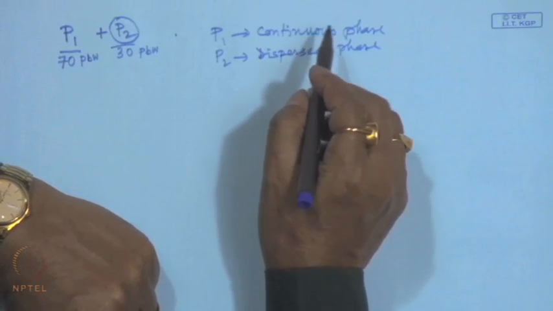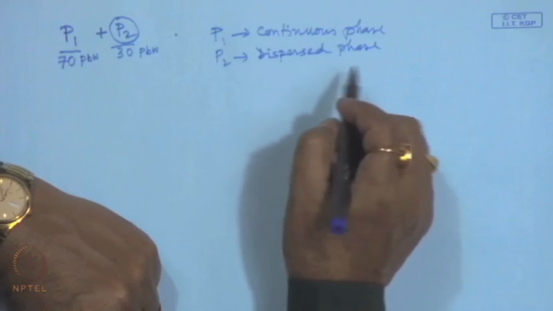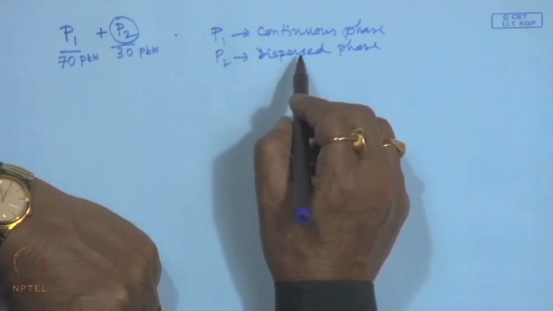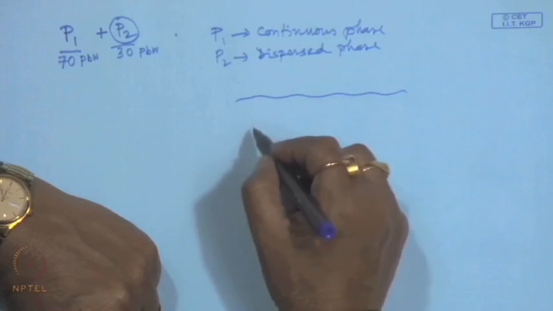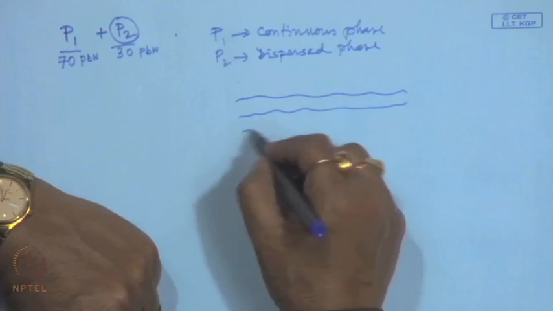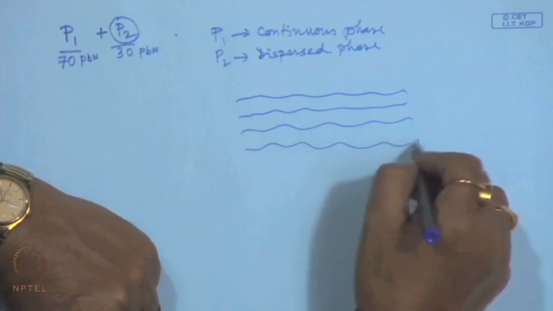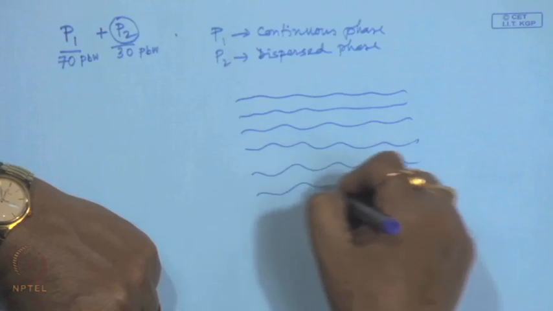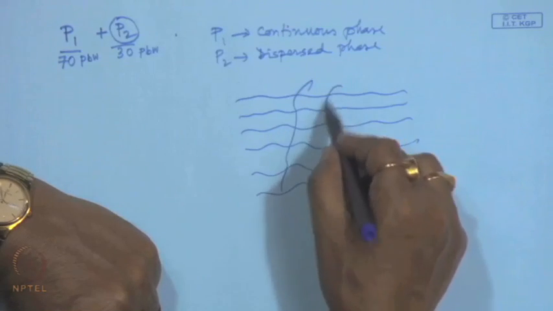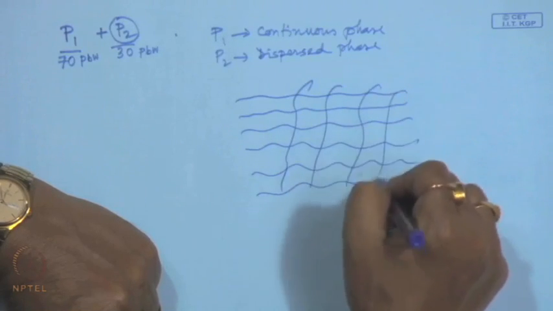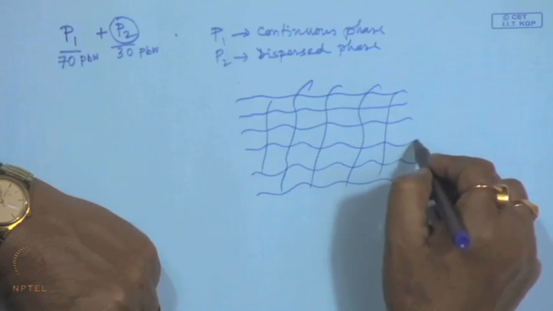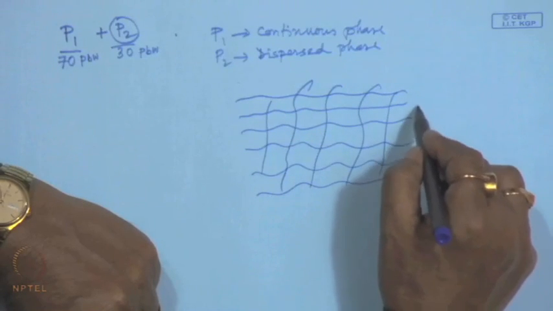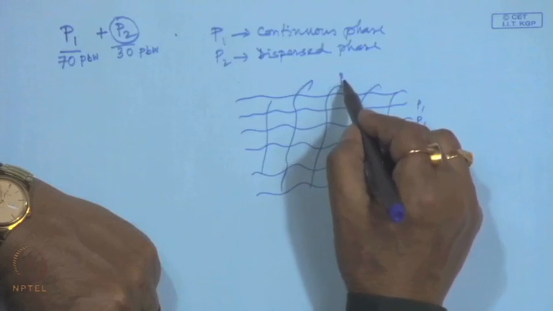Now, this dispersed phase can be cross linked. This is the phase of P1 molecules in which these P2 molecules are dispersed at lower concentration than P1. So, these are P1 molecules, and these are P2 molecules.